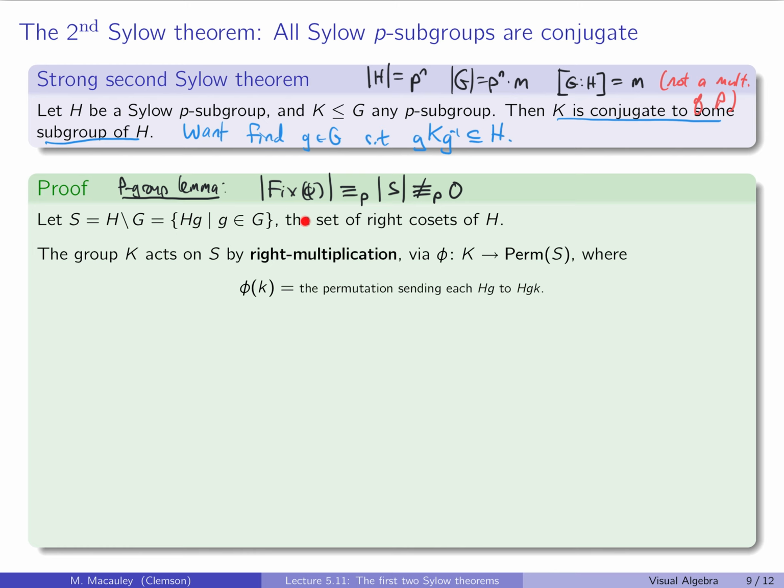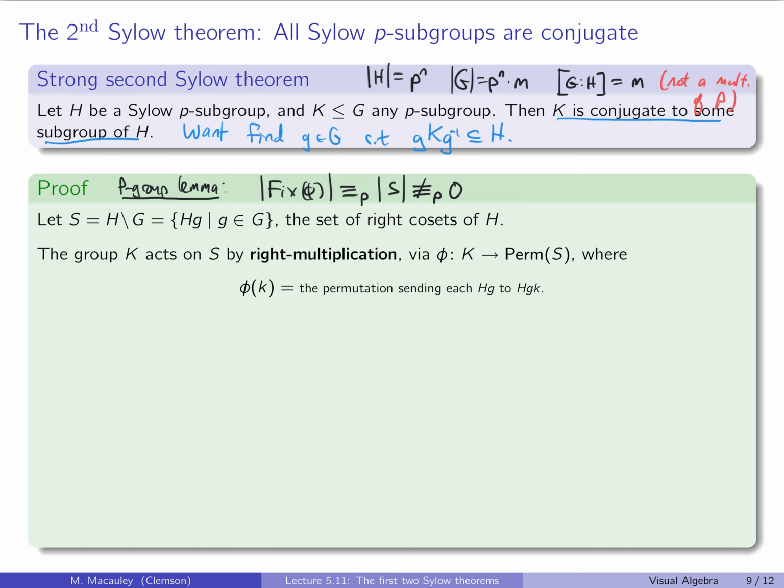And we know by the p-group lemma that there cannot be 0 fixed points because the number of fixed points mod p is not 0. So that's a game. Let's first show that a fixed point does what we want, and then we know right away that there has to be at least one fixed point.